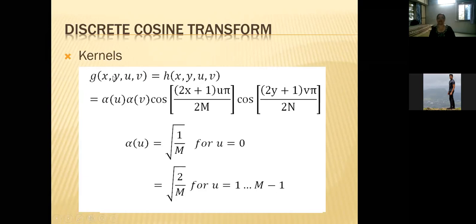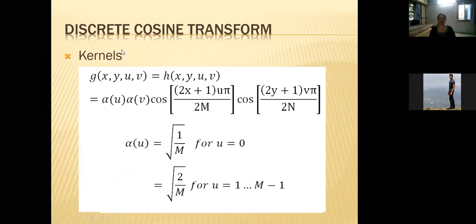So x and y indicate the spatial location of the pixels, and similarly u and v indicate the frequency axis, or the location of frequency coefficients in the transform domain image.